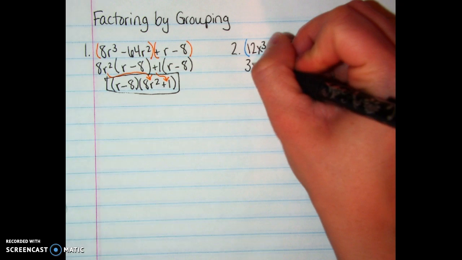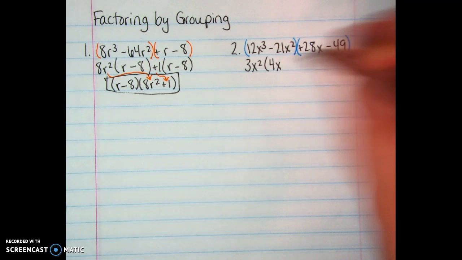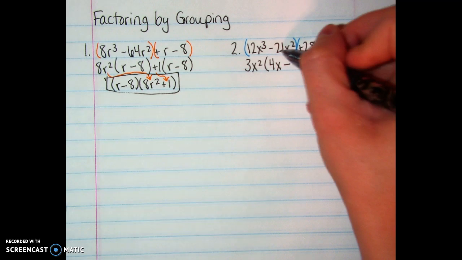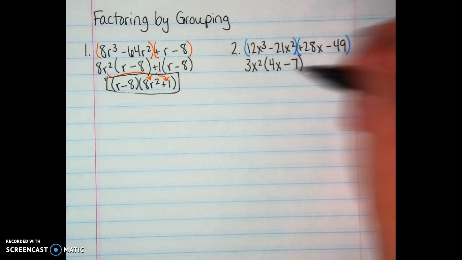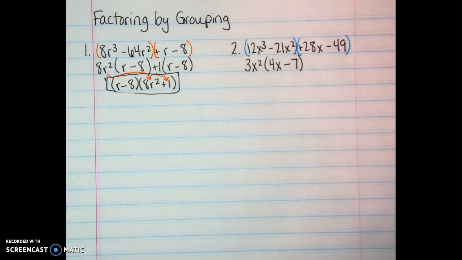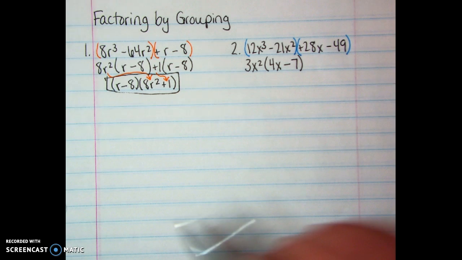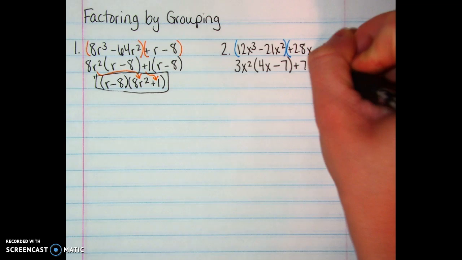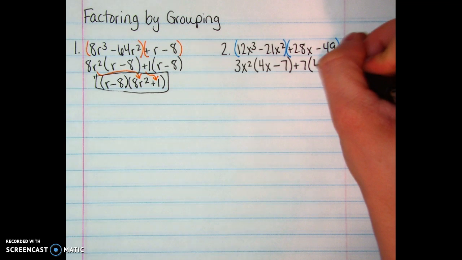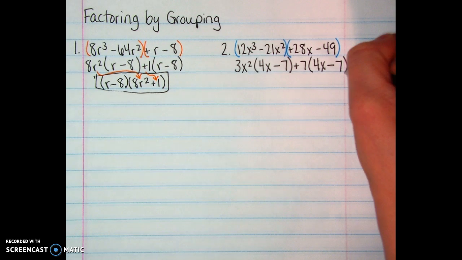And the smallest x is x squared. 12 divided by 3 is 4, and I still have 1x. Minus sign, 21 divided by 3 is 7. And I don't need the x squared anymore because it's already brought down. Now the GCF of 28 and 49, it's not 2 or 3 or anything like that, it's actually 7. So plus 7, 28 divided by 7 is 4, so that's 4x, minus 49 divided by 7 is 7.